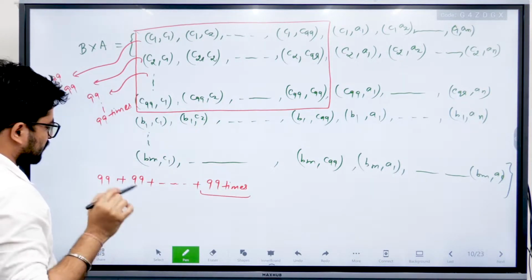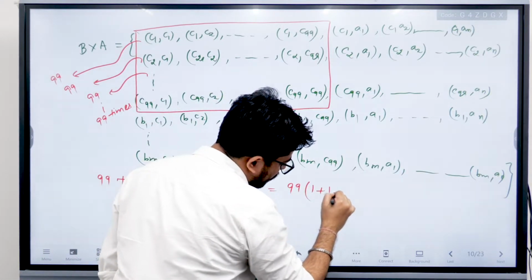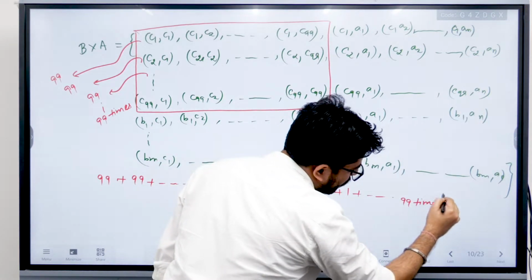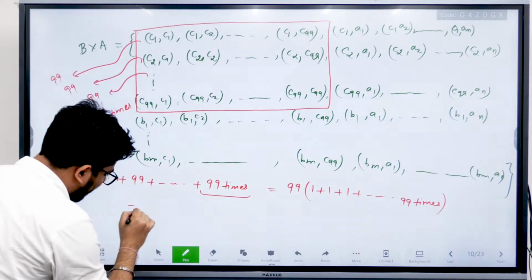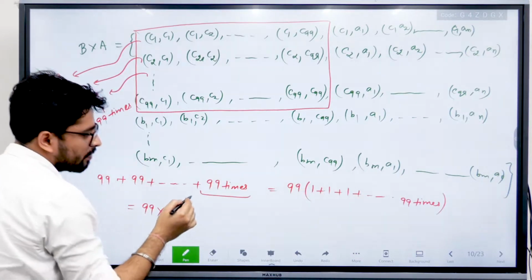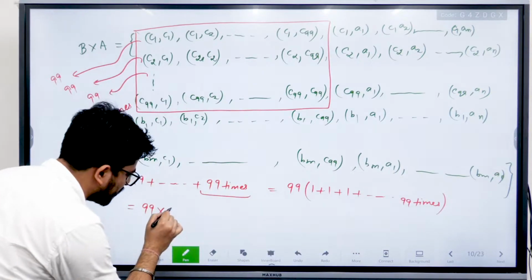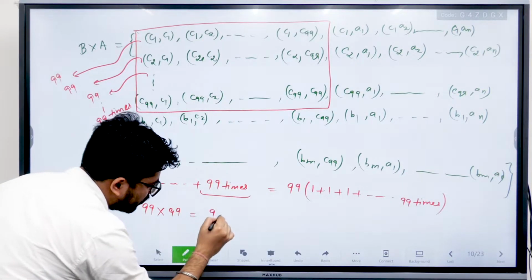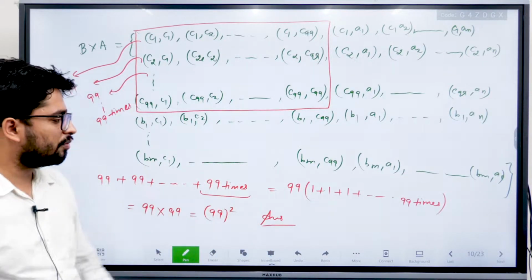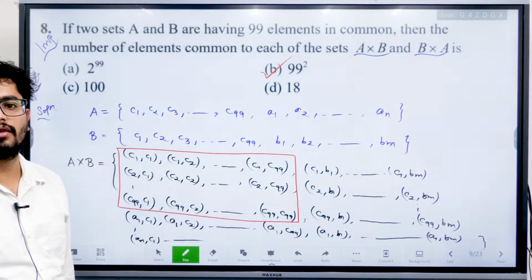If you take 99 common, this is 1 plus 1 plus 1 and so on, 99 times. So this is 99 into 99, which equals 99 square. This is the final answer that we have. How many elements in common? 99 square. So your final answer is B. Got it?